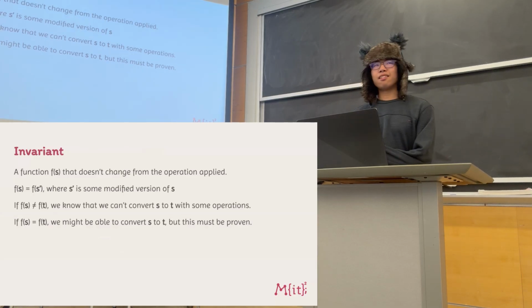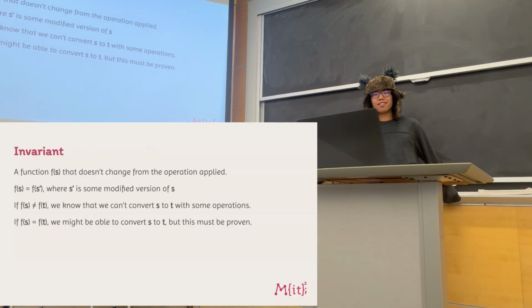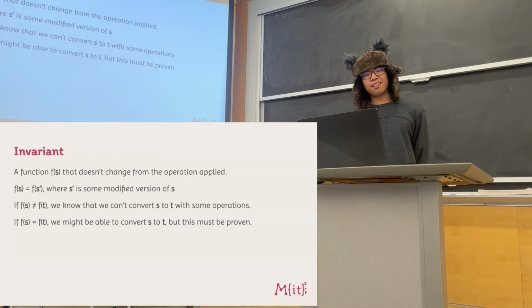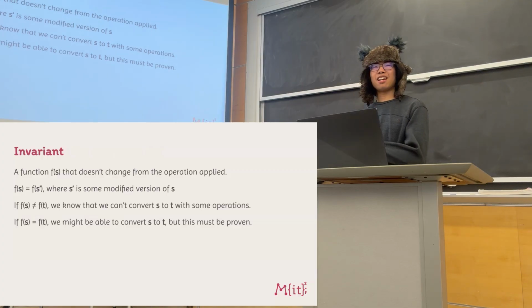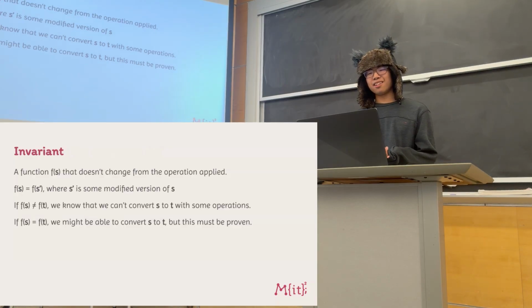The next thing in order to solve this problem is I'm going to introduce the idea of an invariant. An invariant is a function that takes in the binary string and outputs something about the binary string that doesn't change when you apply the operation.